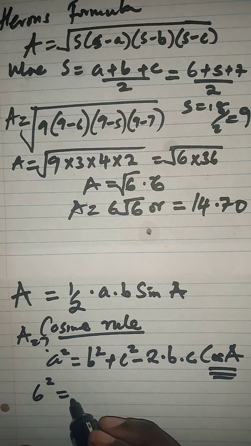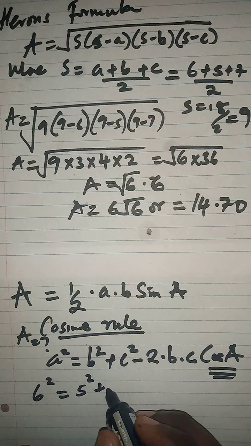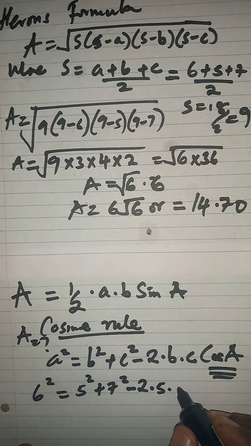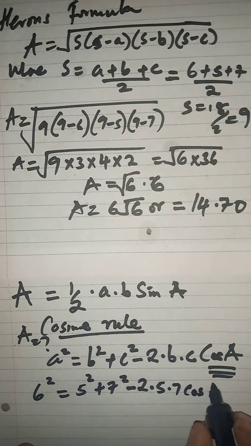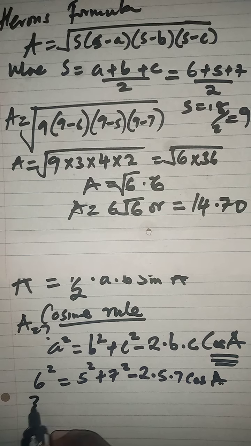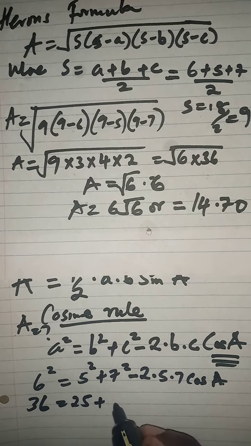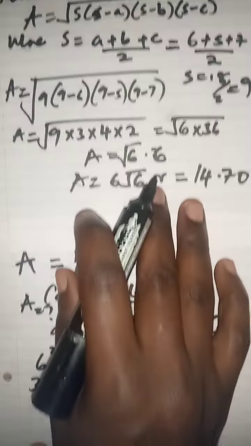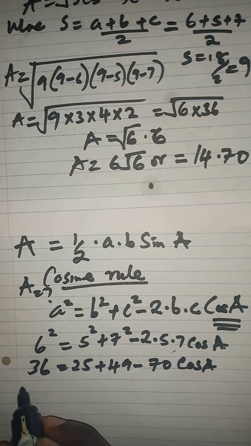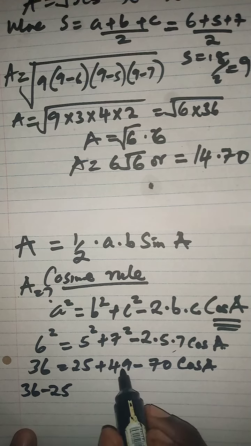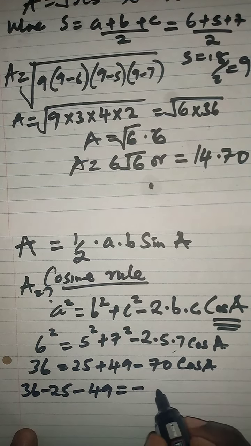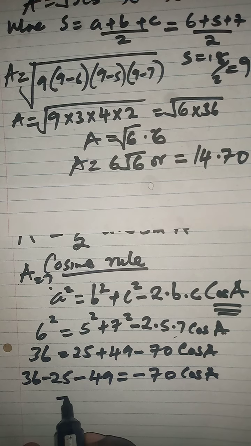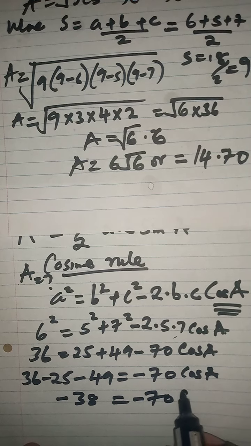So 6 squared is equal to b, which was 5, squared, plus c, which was 7, squared, minus 2 multiplied by b multiplied by c times the cos of A. So 36 is equal to 25 plus 49 minus 70 cos A.